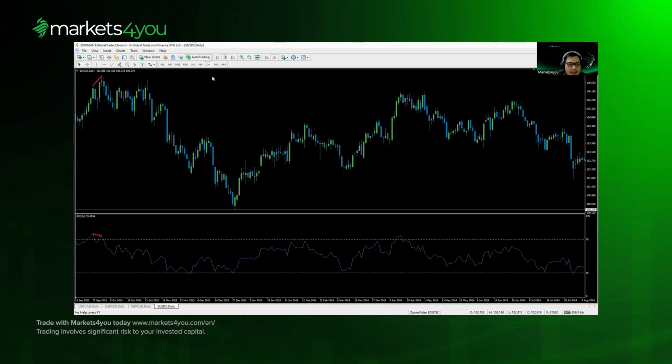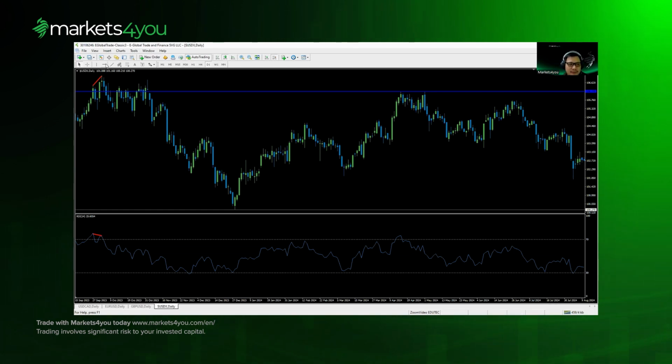Here it created a high. This is the high. And then it crossed back lower. Then it created another high.